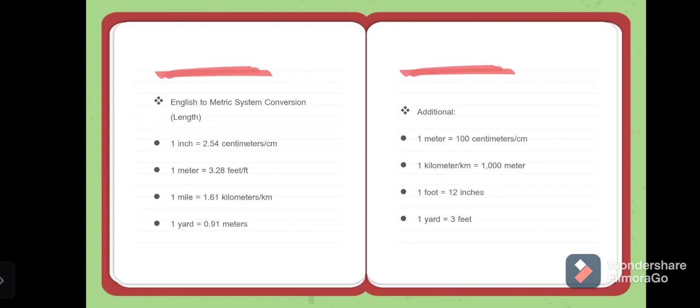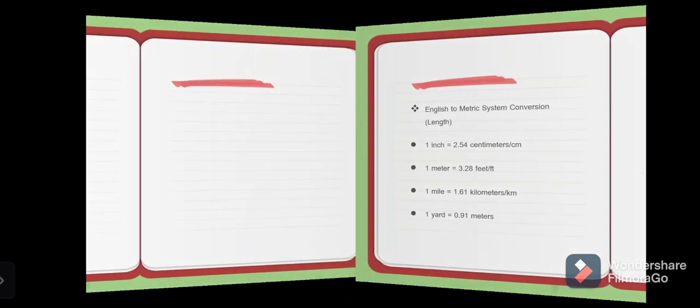There are also additional conversions. Here are 1 meter is to 100 centimeters, 1 kilometer is to 1000 meters, 1 foot is to 12 inches, and 1 yard is to 3 feet. Example, convert 41 cm to inches. We can write it as 41 cm times 1 inch divided by 2.54 cm.